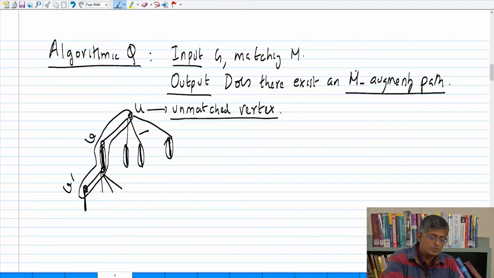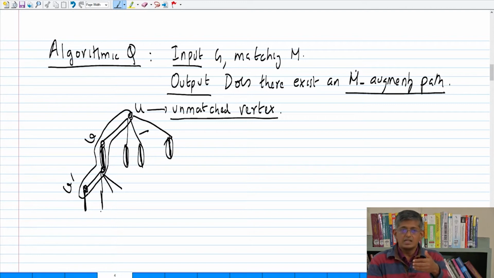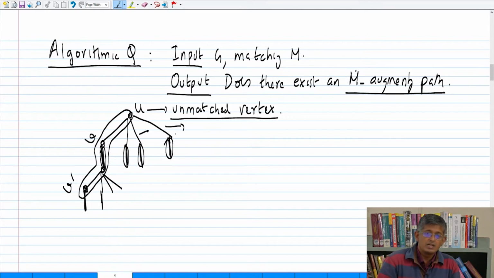Therefore, by this modified procedure, as you can see, it has a kind of a breadth-first search flavor, where the layers alternate between layers where the edges are not in the matching and layers where the edges are in the matching. So in this layer, none of the edges are in the matching. In this layer, all the edges are in the matching if the algorithm has to proceed.